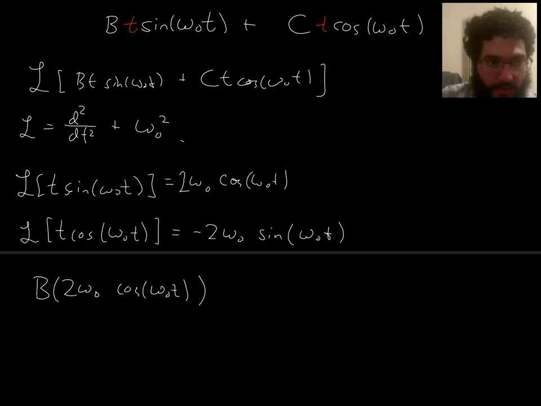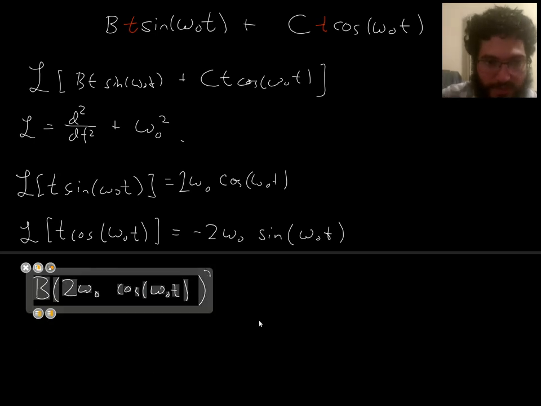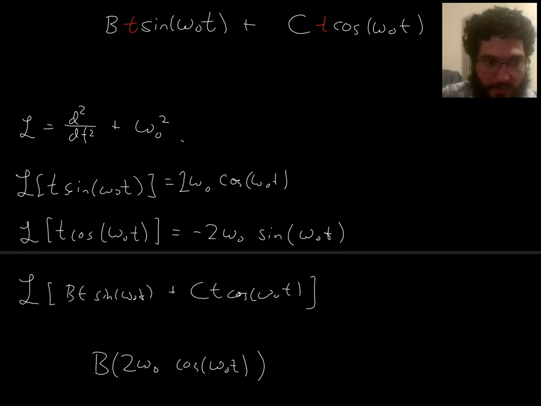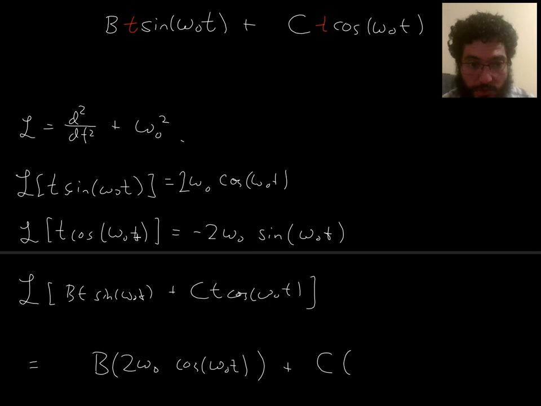So let me be clear about why I'm writing this. This is b times the result of applying L to this part, which I computed here, plus c times the result of applying L to this part, which I computed here.